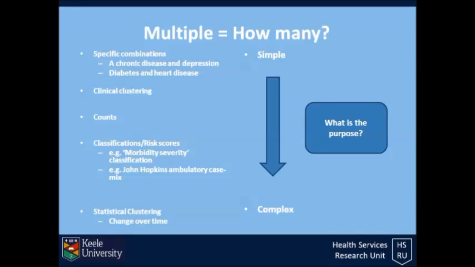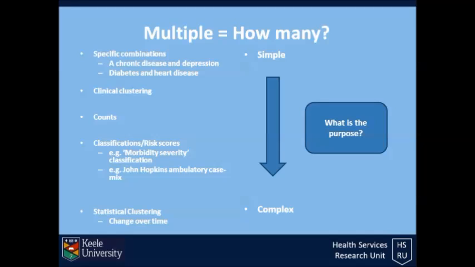There's a lot of good evidence on chronic disease and depression and how to effectively manage that. There's also a lot of good evidence that people who have diabetes, heart disease, and cardiovascular problems cluster together. That is a type of multiple morbidity.